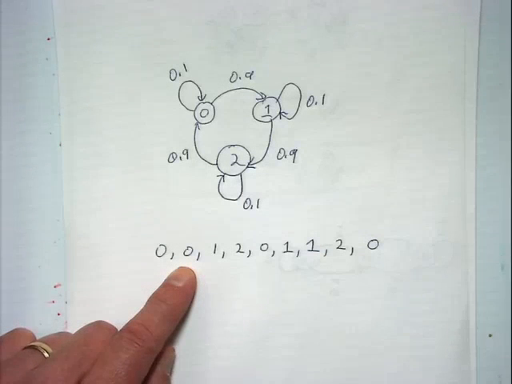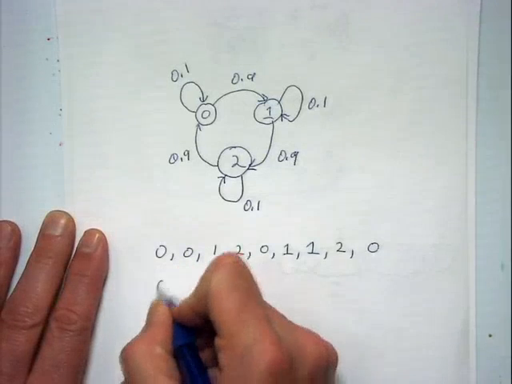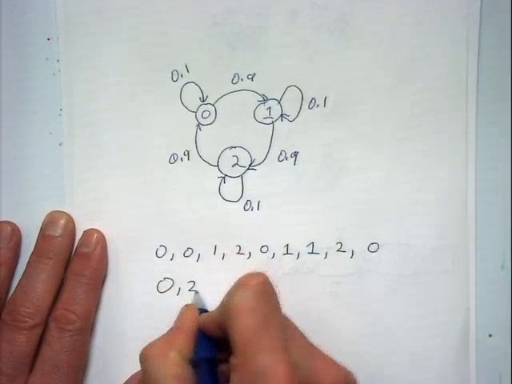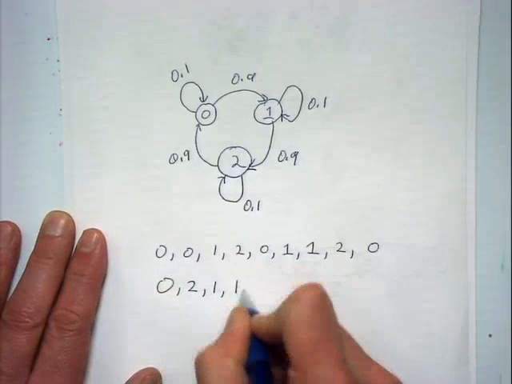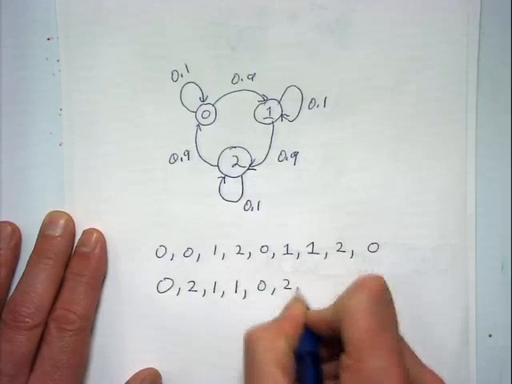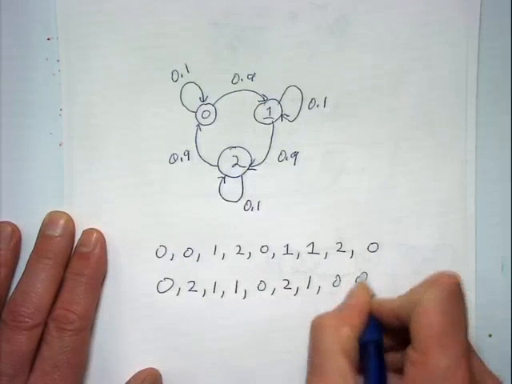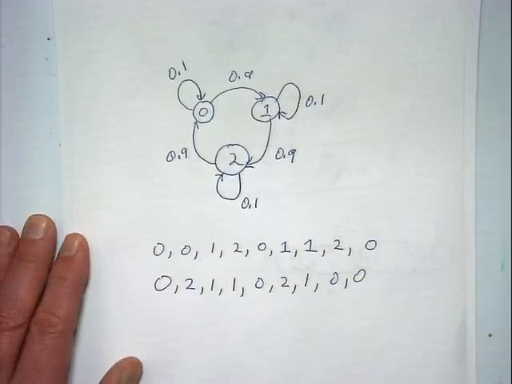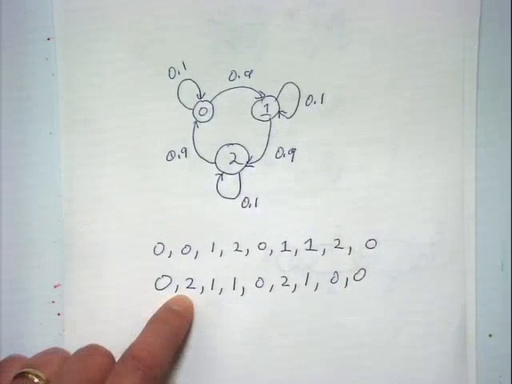That's not so unreasonable, right? If I reverse this and write 0, 2, 1, 1, 0, 2, 1, 0, 0, can that have occurred in this Markov chain? No, because it required that you back up.